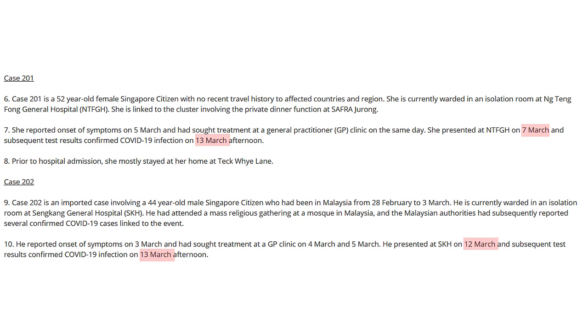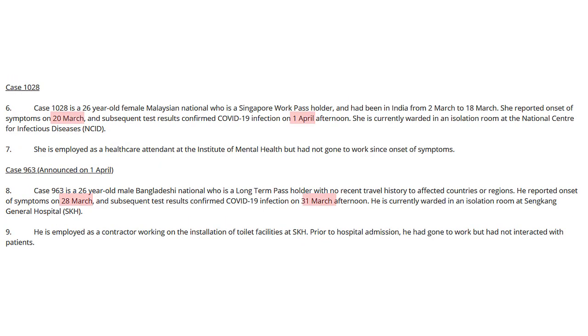So why does different people take different amount of time to be confirmed of whether they have the virus? This is actually a big puzzle for me. If I look at other days, even the later case 1028, reported symptoms on 20th March, then it took 10 or 11 days. On 1st of April, then she's confirmed with the virus.